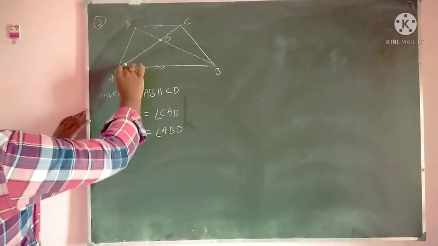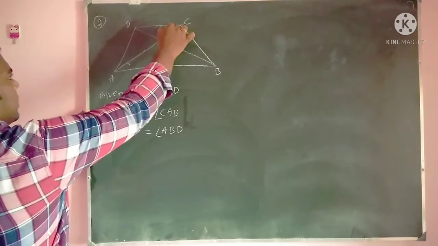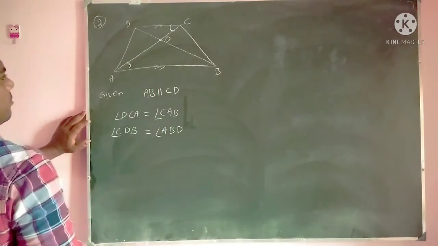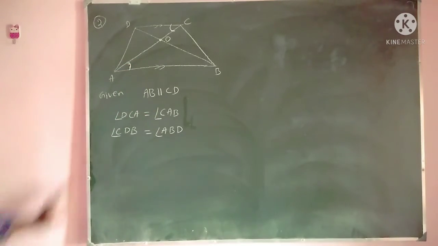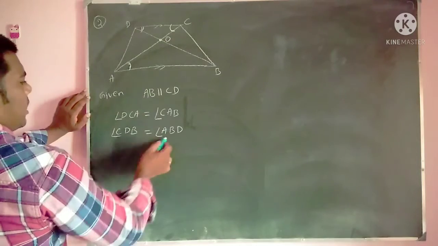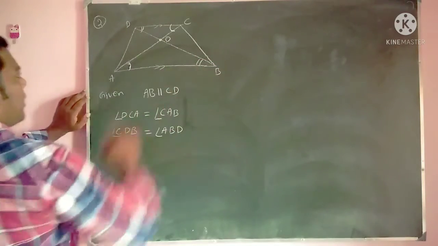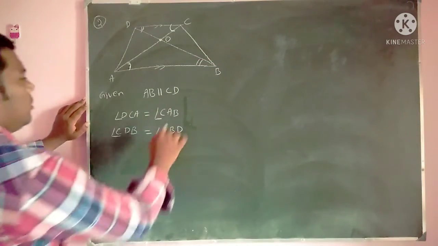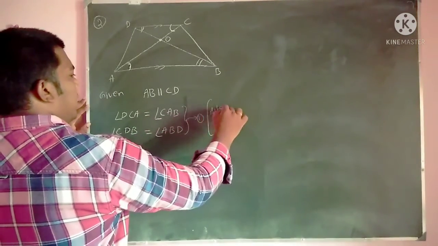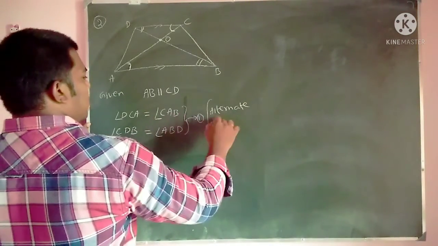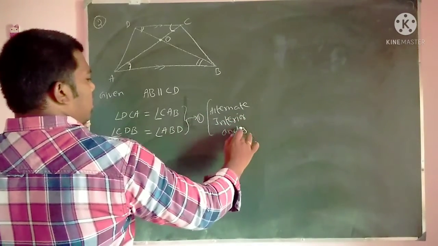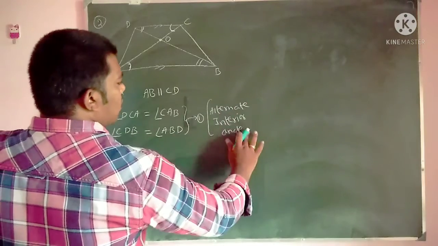So DCA is equal to CAB and CDB is equal to angle ABD. Let it be 1. Why is this so? These are alternate interior angles. If lines are parallel, then alternate angles are equal.